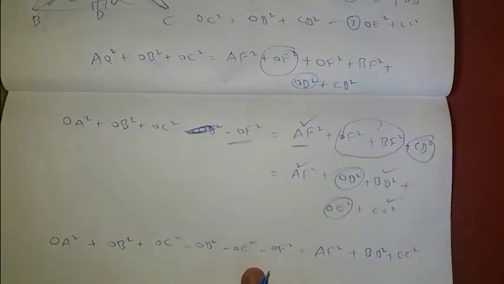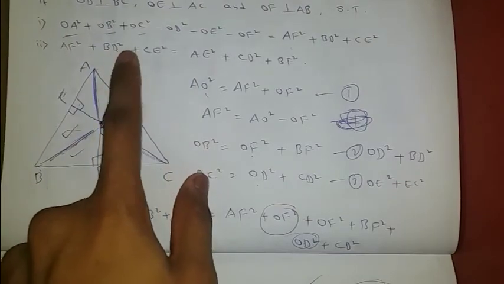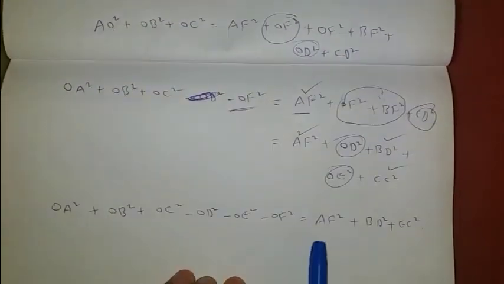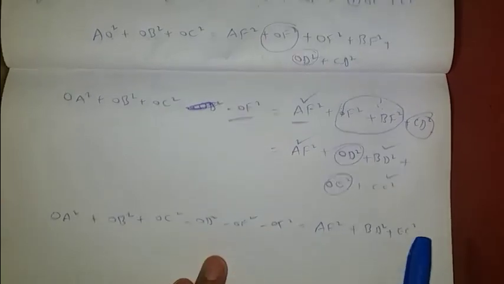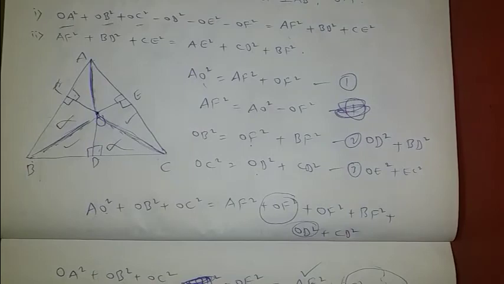Next, in the second question there is one more: AF square plus BD square plus CE square is equal to, the same again, AF square plus BD square plus EC square is equal to, we need to show, AE square plus CD square plus BF square.